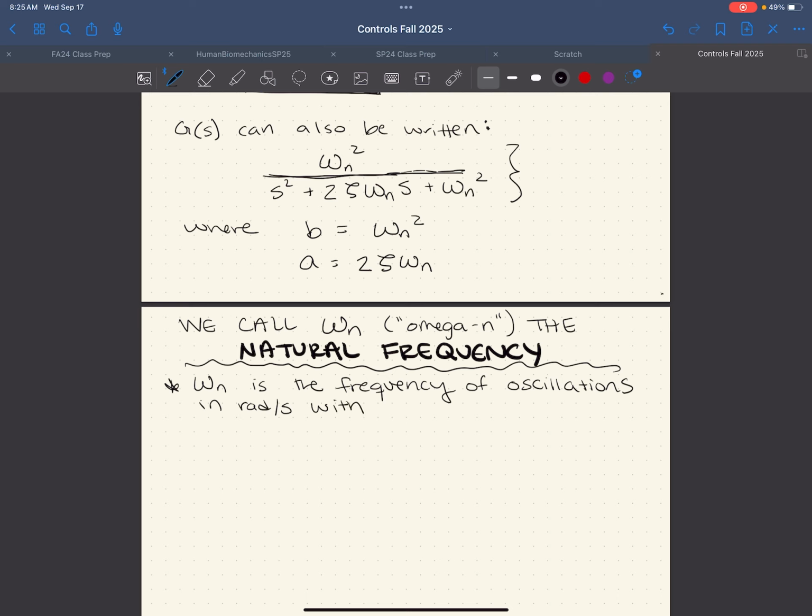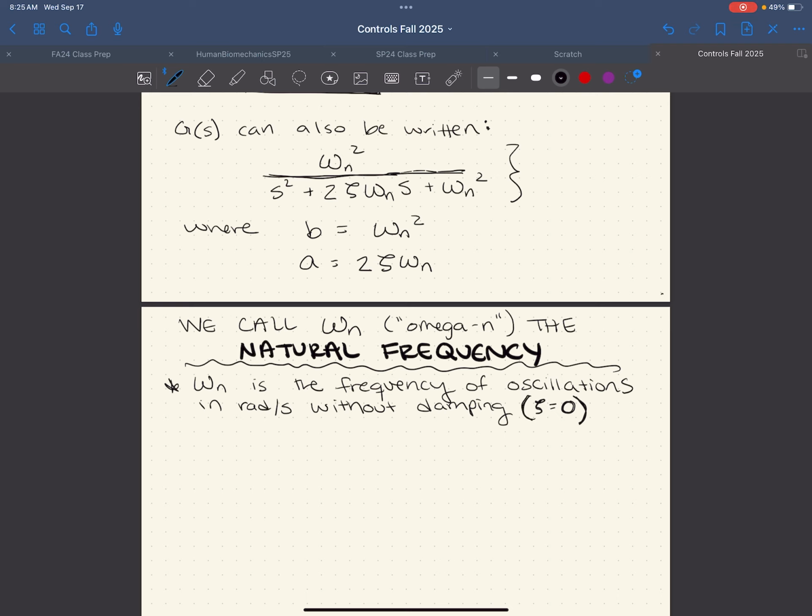That's if there's no damping, without damping. Hint, hint, damping has to do with zeta. It's not exactly the same thing, but this is what happens when zeta is equal to 0.